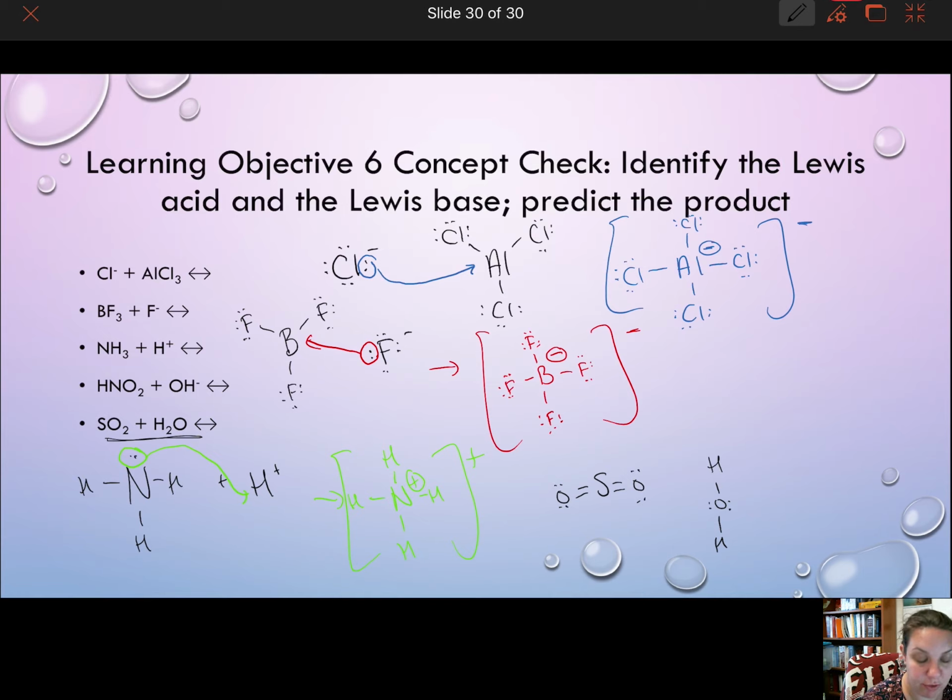Hopefully you recognize this sulfur is fairly electropositive, the oxygen electronegative, so we're going to pull electron density from here, donate there, and then generally push that electron density there, and we get this right here.